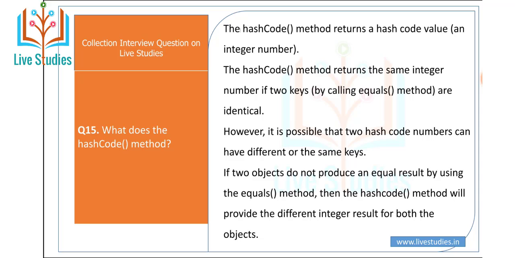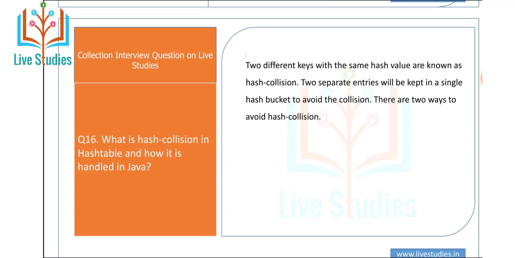However, it is possible that two different keys can have the same hash code. If two objects do not produce an equal result by using the equals method, then the hashCode method will provide a different integer result for both objects. Move to the next question.